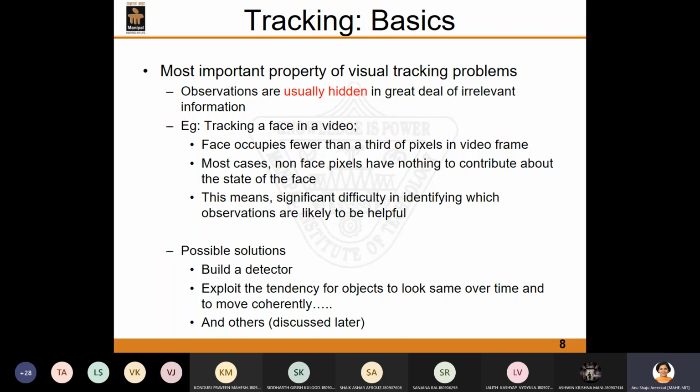Now let's look at some more details of the tracking algorithms, or basically the idea of tracking. The observations or measurements that you're making are usually hidden in a great deal of irrelevant information. For example, let's say this is the first video frame, the first image we are considering.